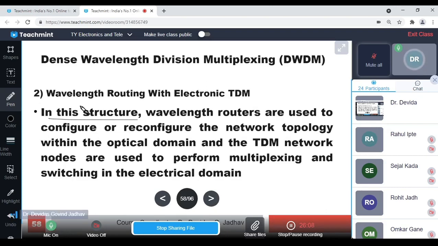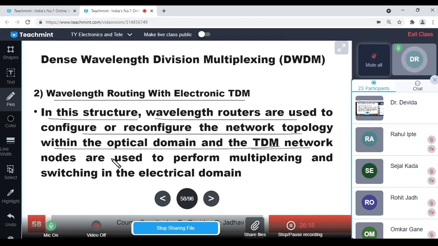In the second structure, that is wavelength routing with electronic TDM, the wavelength routers are used to configure or reconfigure the network topology within the optical domain, and TDM network nodes are used to perform the multiplexing and switching in the electrical domain.